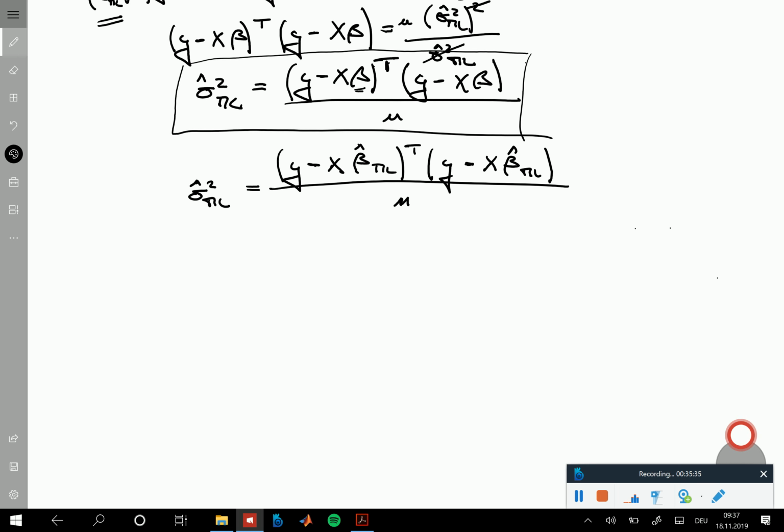And this is then the maximum likelihood estimate for the variance parameter.